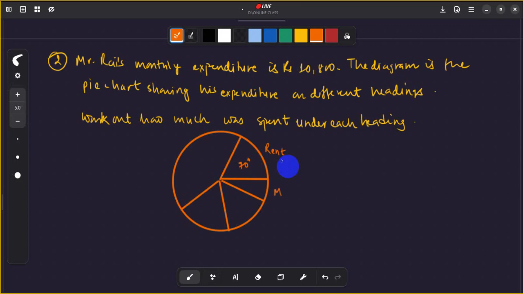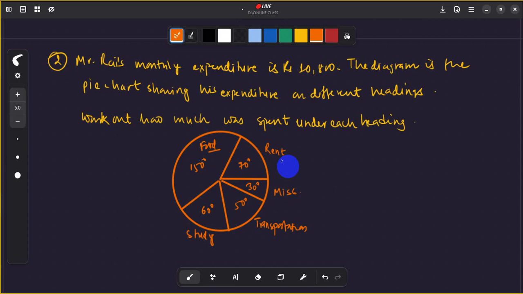This one is for miscellaneous and it is 30 degrees. 50 degrees is for transportation, and this one is 60 degrees for study, and 150 degrees is for food. This is the pie chart of expenditure done by Mr. Rai.